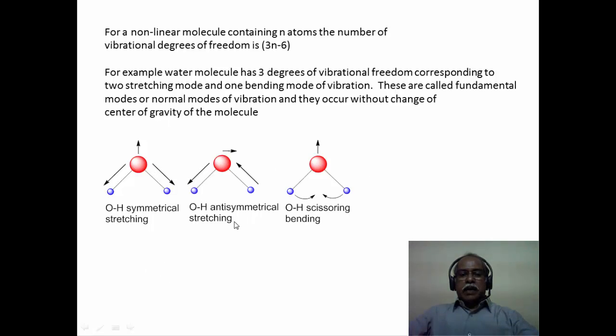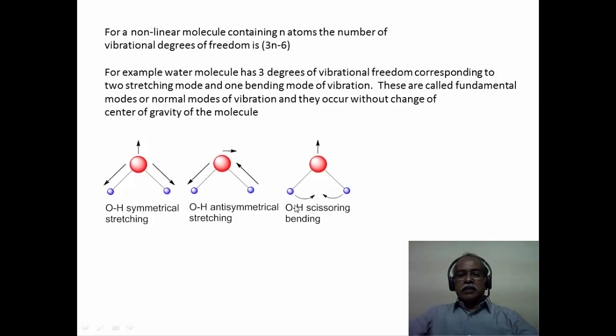In the OH asymmetrical stretching, one of the OH bonds is elongated, simultaneously the other bond is compressed as it is shown, and in order to again maintain the center of gravity in the same place, the oxygen atom moves in this direction. And these are the 2 stretching frequencies.